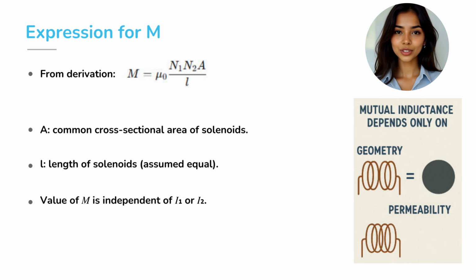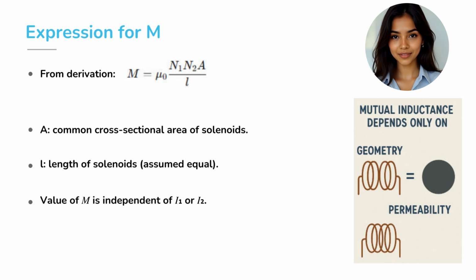Notice that this mutual inductance does not depend on the magnitude of the current in either coil. That's the beauty of it. Mutual inductance is purely a geometrical and material property. So whenever you design a transformer or an inductor, this equation is your guiding light.